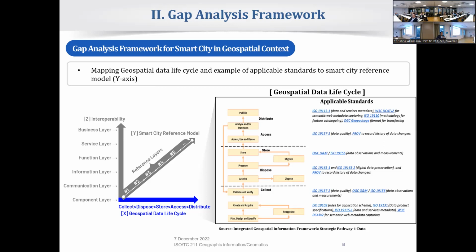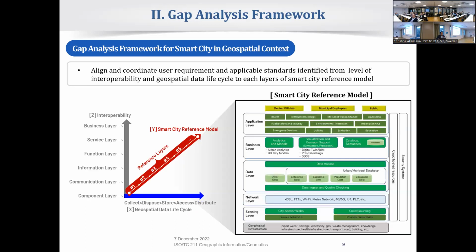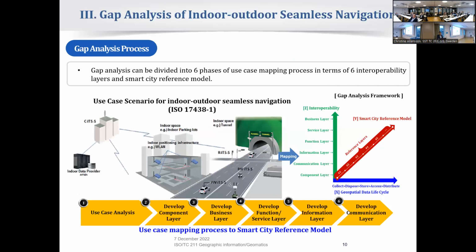Then we will try to map it to the other horizontal axis, which is the smart city levels. In the smart city reference model, you have different layers starting from service, sensing, network, then data, then business and application layers. So we have these two horizontal axes, then the vertical axis, to deal with the three-dimensional frame.